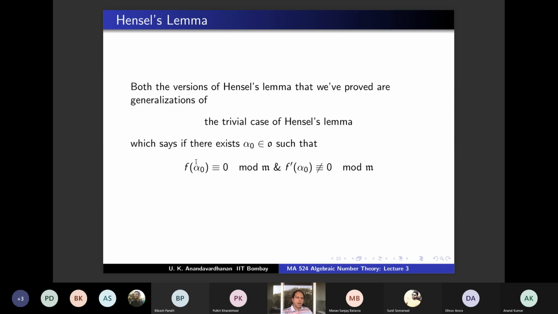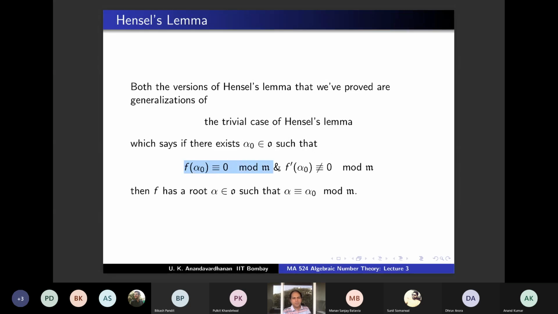So this means f bar has a root and that root is simple because f prime bar at alpha naught is not 0. So this statement is nothing but f bar has a simple root. So if f bar has a simple root, then f has a root alpha in O such that alpha bar is alpha naught.